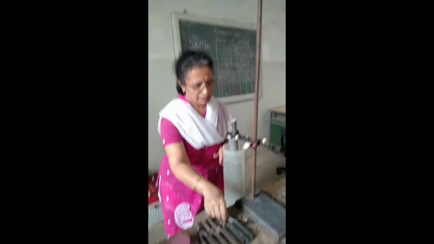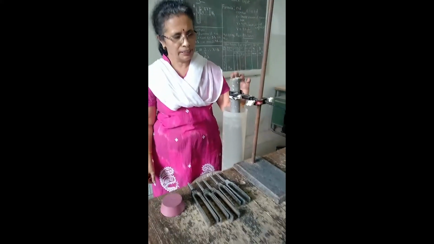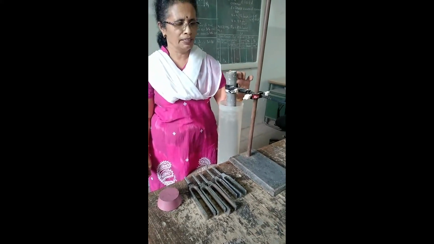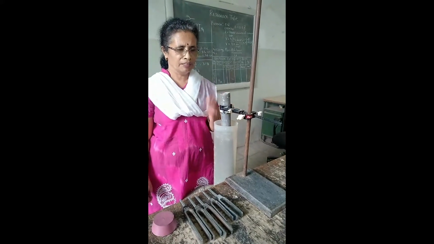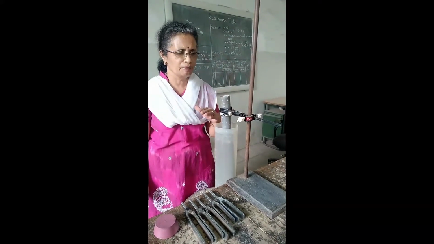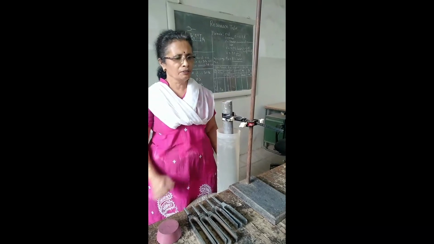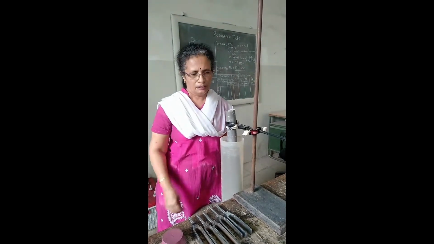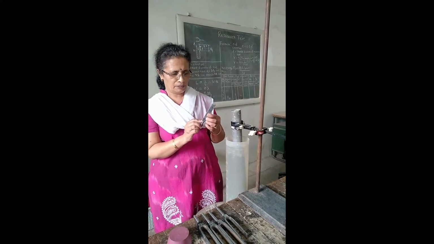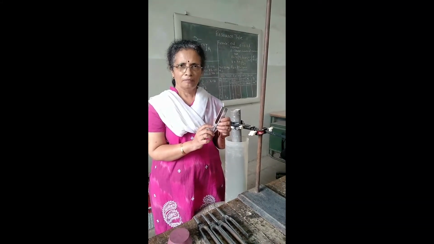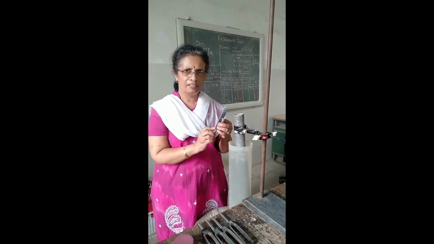Then we have to find out the resonating length, the relation between the resonating length of the air particles and the frequency of these air particles. The frequency of the air particles is inversely proportional to the length. How do we find the frequency of the air particles? The tool is the tuning fork. The tuning fork vibrates with its own fundamental frequency, which is given as 512 Hz.